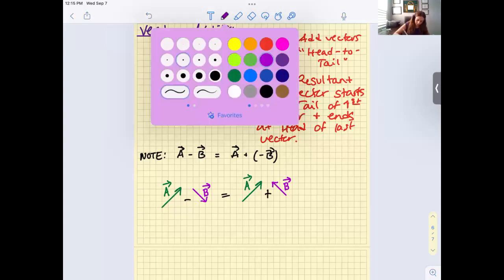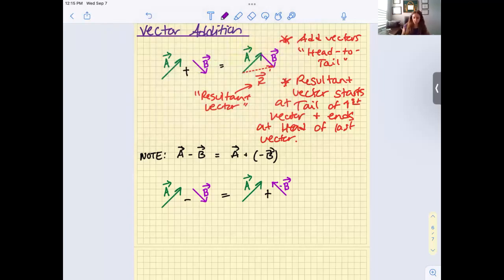Okay, so that's what vector B is, like negative B. That's what I mean. So you're adding a negative B, which is going the opposite direction.